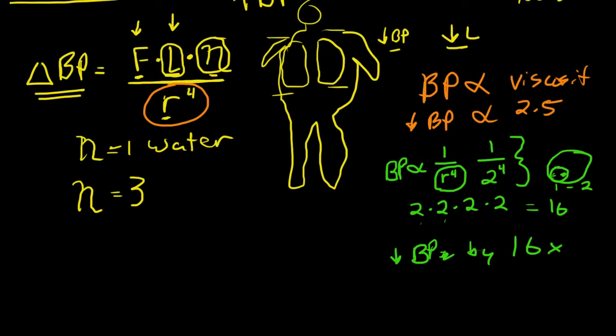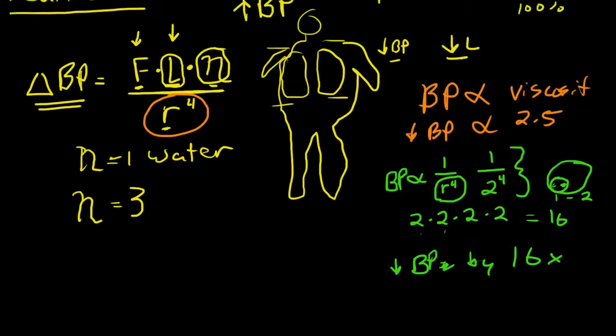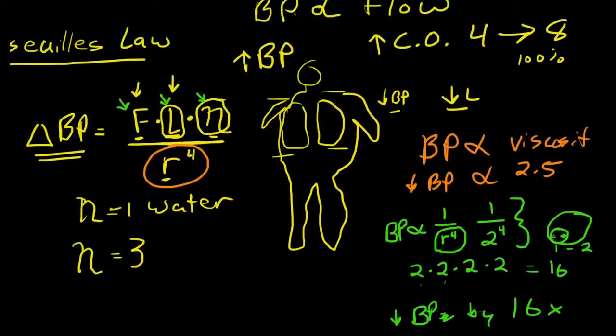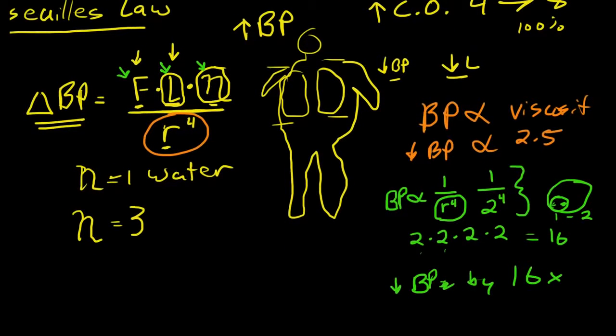So this is really important to understand. All the other factors in this equation, blood flow, vessel length, and viscosity, are directly proportional on a one-to-one basis, whereas radius is inversely proportional to a power of 4.